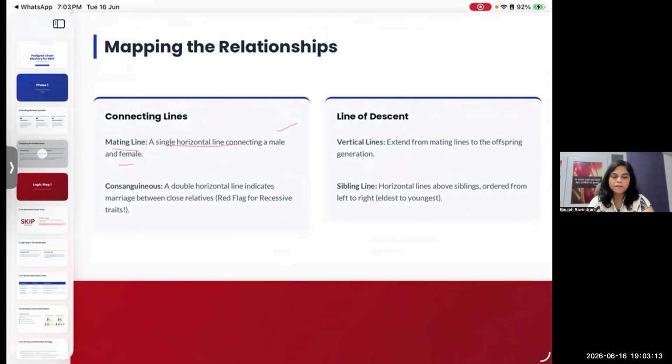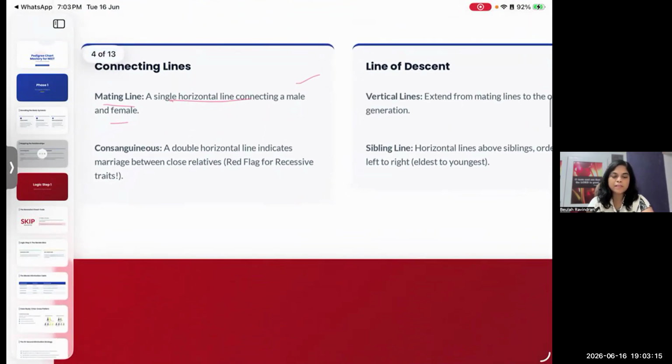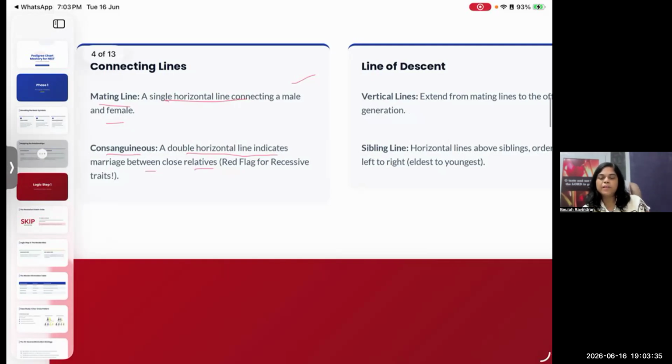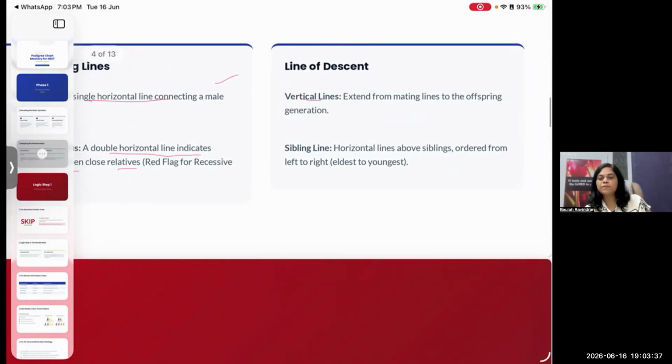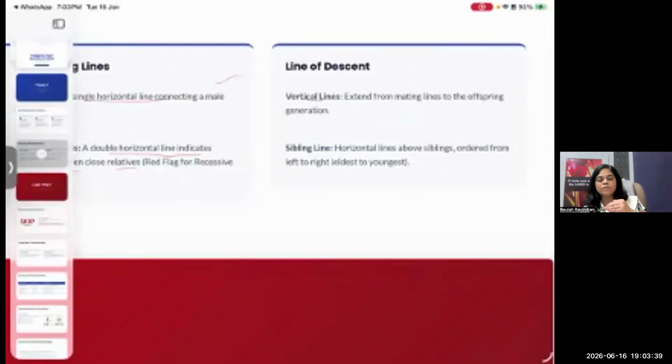Consanguineous means a double horizontal line, which indicates marriage between close relatives. That is a red flag for recessive traits. Vertical lines extend from mating lines to the offspring generation, from the marriage between the male and the female.